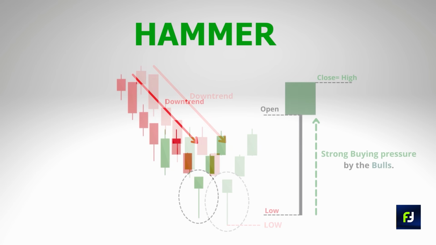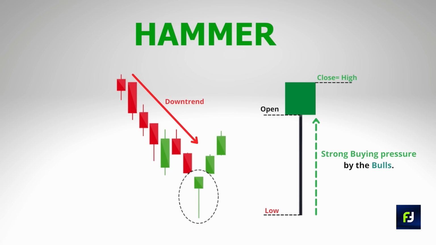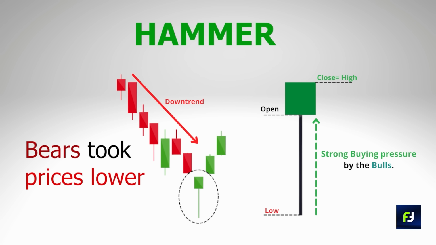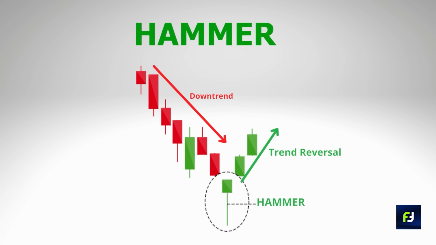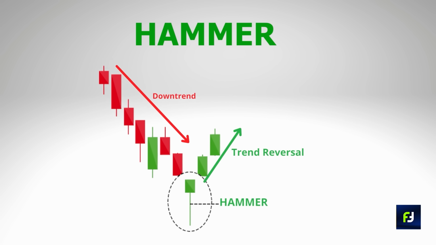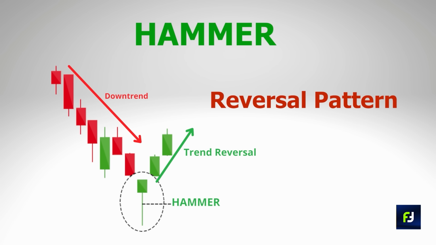The price action of hammer formation indicates that the bulls attempted to stop the prices from falling further, which simply means that the bears tried to bring the market lower, but they did not succeed because the bulls generated a lot of buying pressure, so much so that the price closed near the open of the candle. This action by the bulls has the potential to change the sentiment in the stock. So we can say that the hammer is a reversal pattern, and a hammer pattern could indicate a bullish reversal in the market.